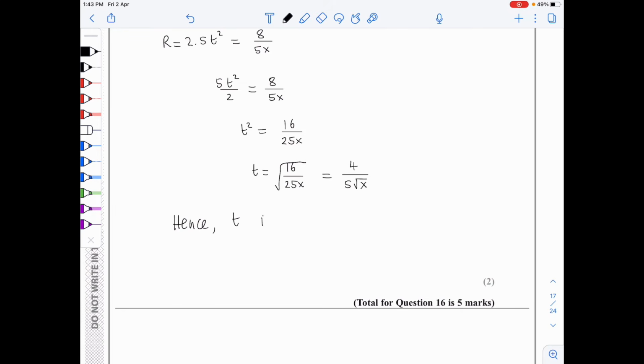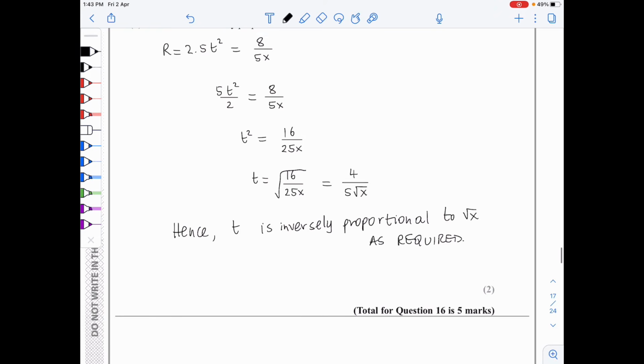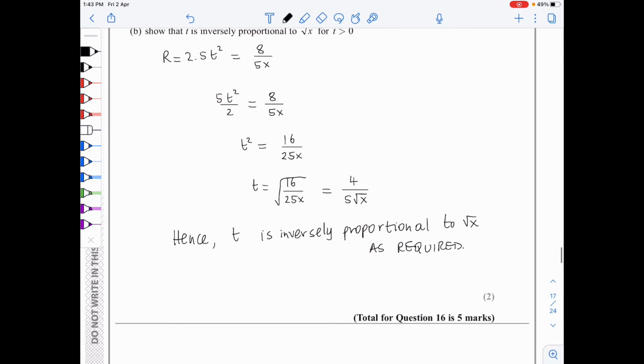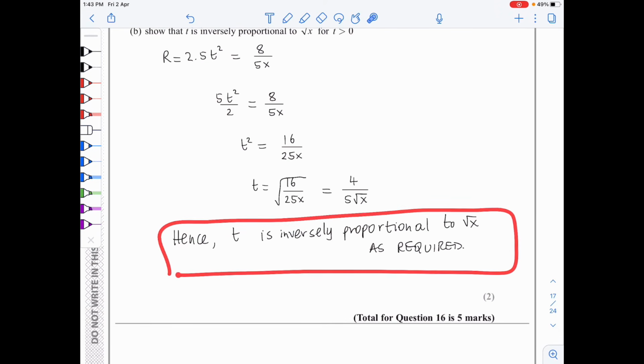Hence, T is inversely proportional to root x as required. Remember that because the question was a show that, I always need a conclusion in order to obtain full marks.